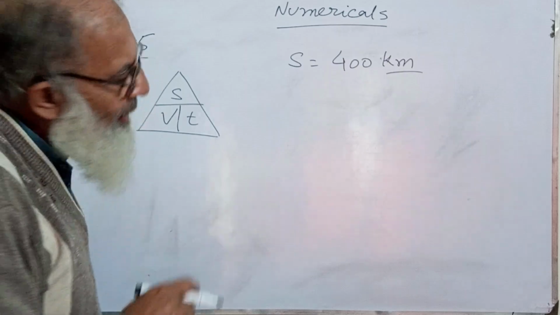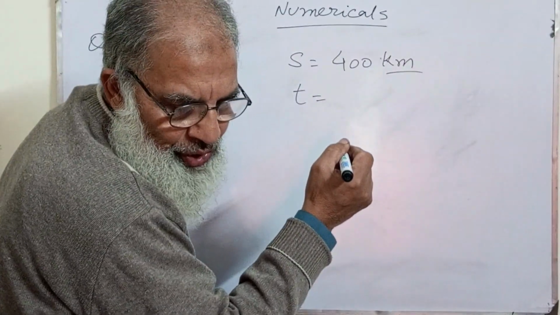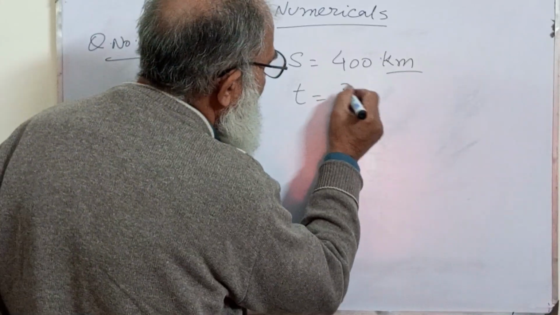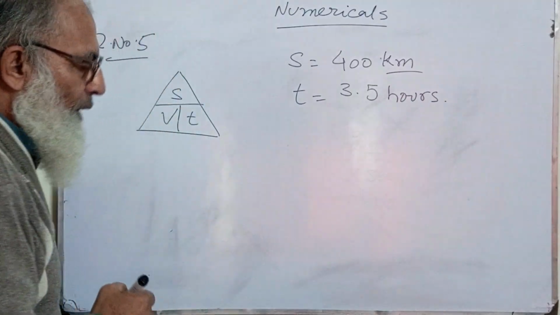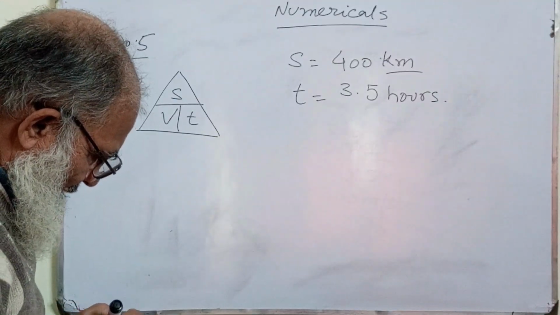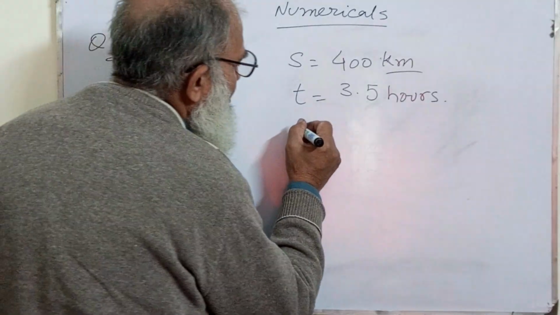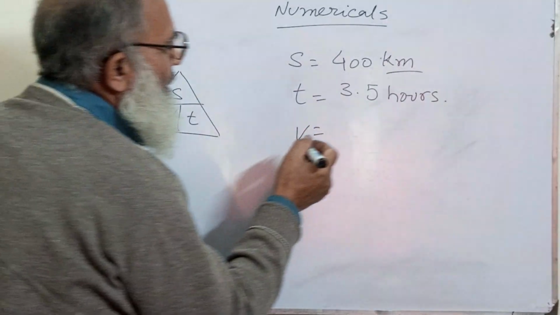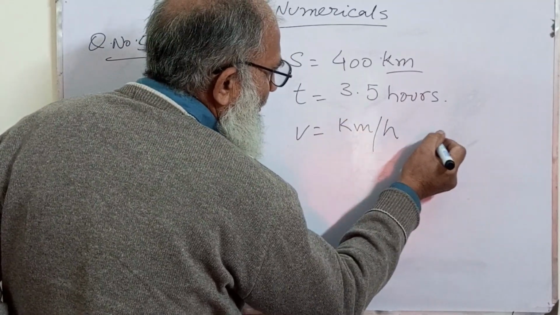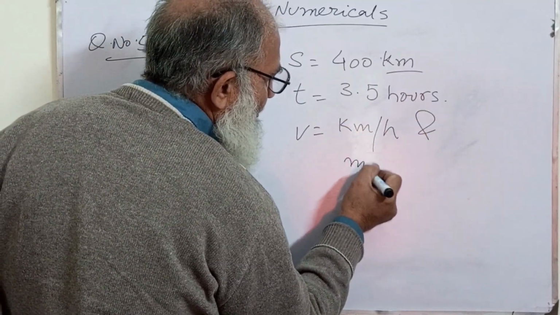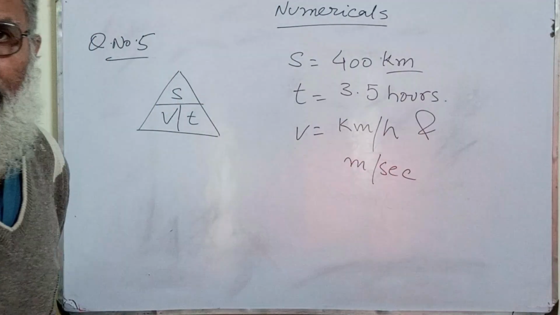Time is also given, 3.5 hours. What is the speed of the car? We have to find the speed of the car in kilometers per hour and in meters per second, in both the units.